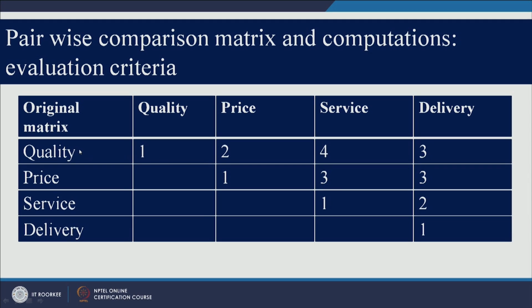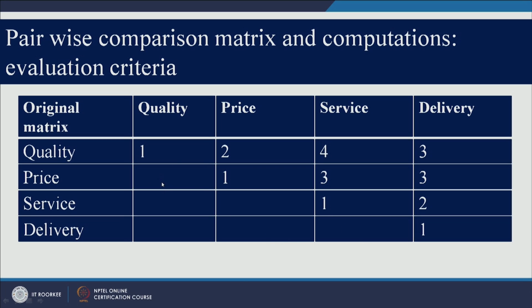Now, when I say price is 2 times as important as quality, in other words quality is 1/2 as important as price. When I say service is 4 times as important as quality, I will say quality is 1/4 as important as service. So, the remaining cells of this matrix can be filled very easily.